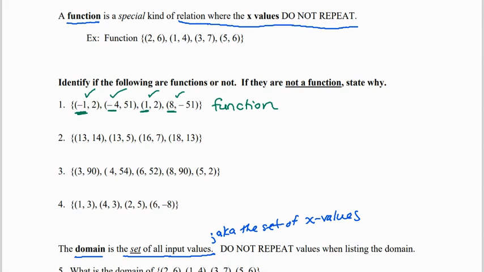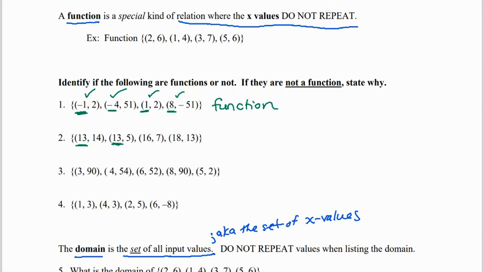Okay, let's look at number 2. Our first ordered pair says 13, 14. Let me just finish this and then I can answer what someone was trying to say. So we have 13 with 14. Do I see 13 showing up again? Yes, I do.